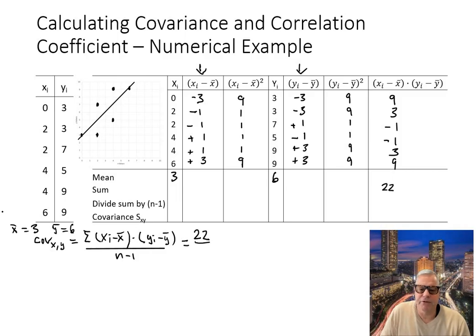And now we need to divide by 5. Okay, so now we get the covariance, and the covariance is 22 over 5, which is 4.4.